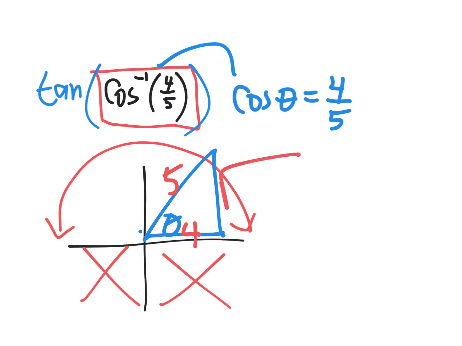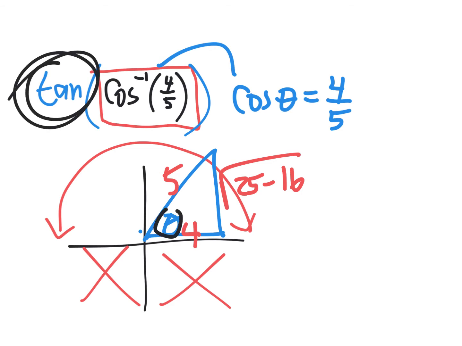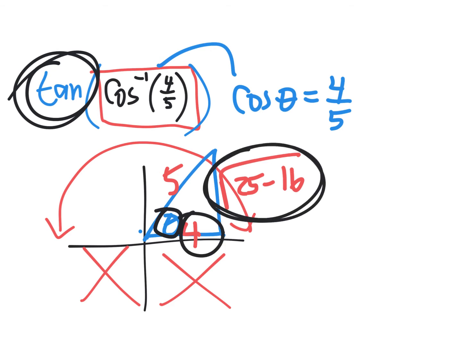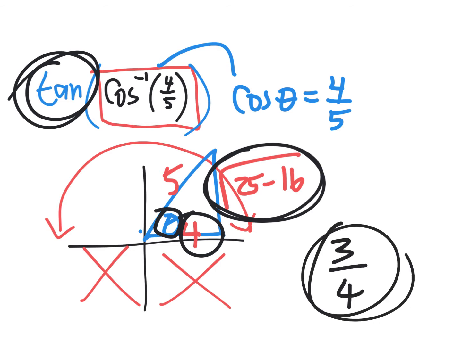Or I could have gone 25 minus 16, and then the square root of 9 is 3. Okay, then what do I really want? I want the tangent of that angle. Tangent is opposite over adjacent, which is 3 over 4. So the answer is 3/4. Final answer, 3/4. Raise your hand if you had 3/4. Cool, then you get inverse trig.